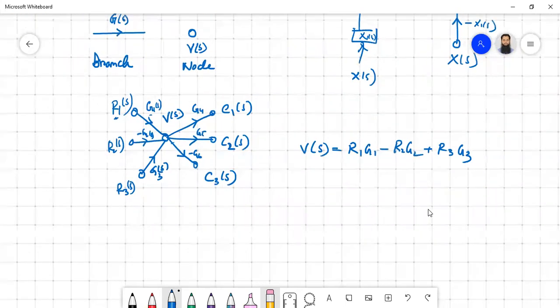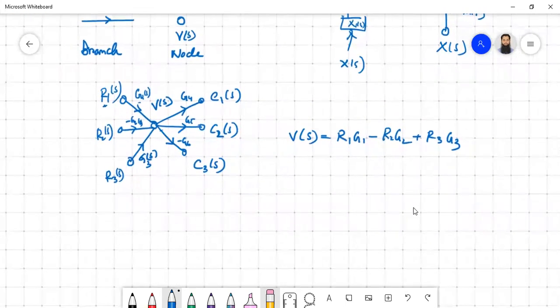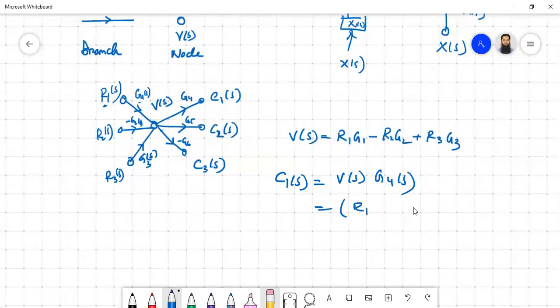Now if you want to figure out what C1S is, C1S is V multiplied with G, so basically V(s) multiplied with G4. This whole thing, R1 G1 minus R2 G2 plus R3 G3, multiplied by G4, gives you the output.